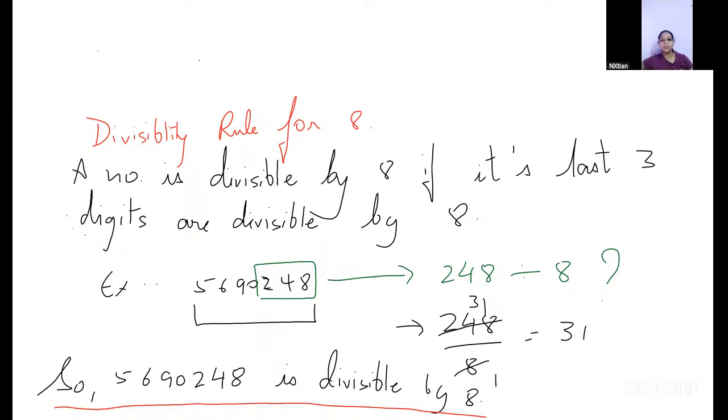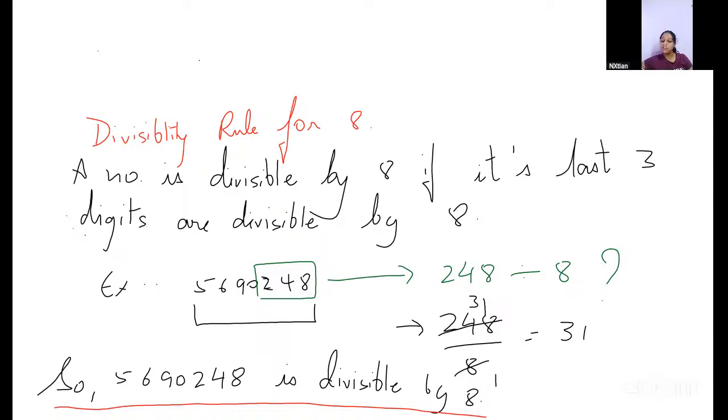You can also simply cancel. When you divide, you can just cancel and solve also. Ma'am, it's divisible. Divisible, yes.